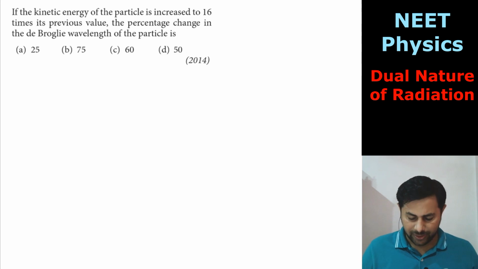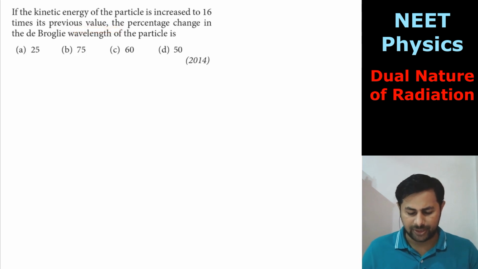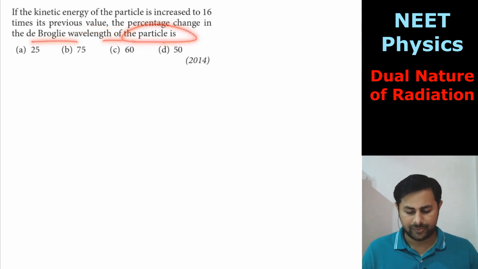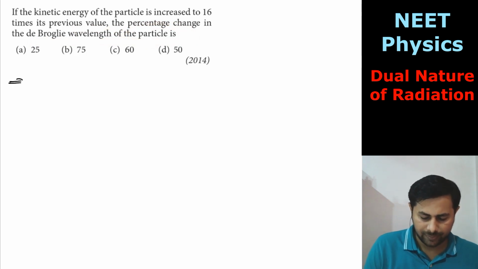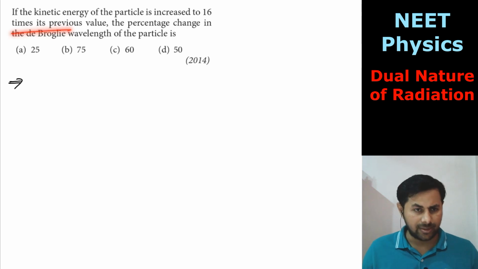Let's see the next one. The kinetic energy of a particle is increased to 16 times its previous value. The percentage change in the de Broglie wavelength of the particle is, tell me. Kinetic energy is increased to 16 times the previous value. Percentage change in the de Broglie wavelength.